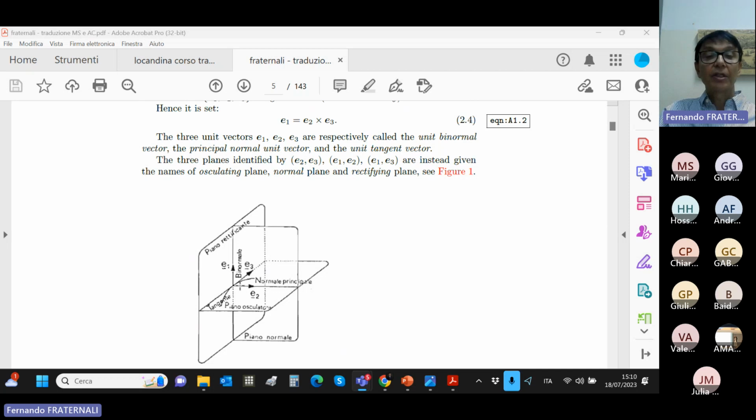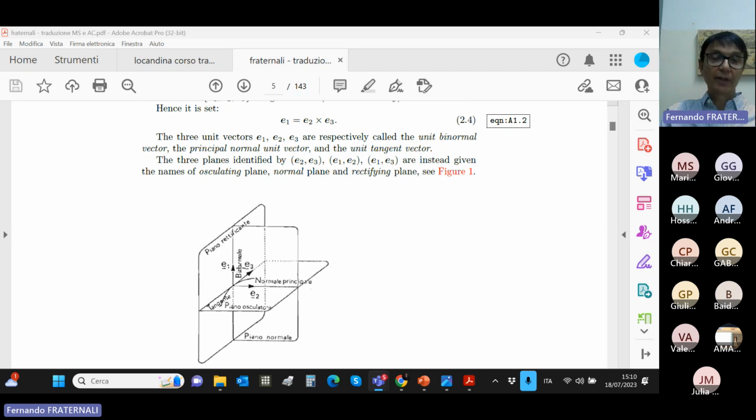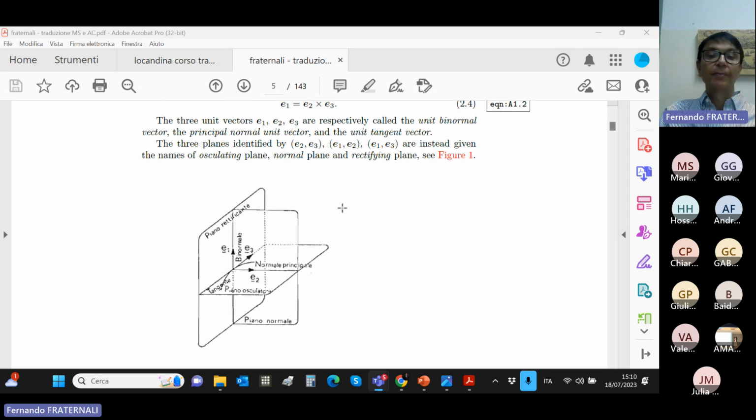And the third vector, E1, is defined as the vector product of E2 and E3, so it is a unit vector normal to both E2 and E3. This other vector is named the binormal vector.